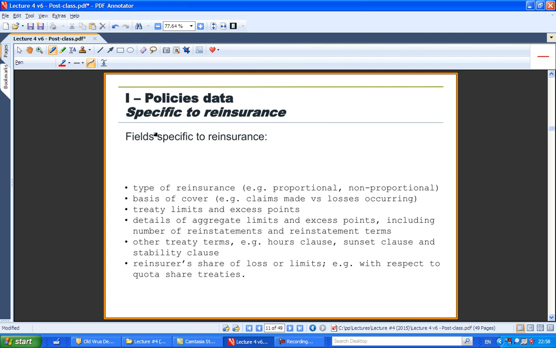For example, the type of reinsurance that you write in, whether it's proportional or not proportional, the type of the basis of the cover, and we have essentially three: losses occurring, claims made, and risk attaching, which is not listed here, but you will see it later on. Treaty limits, excess points.